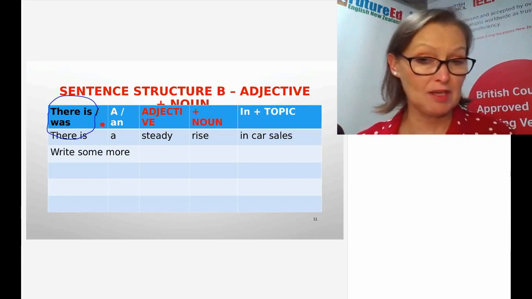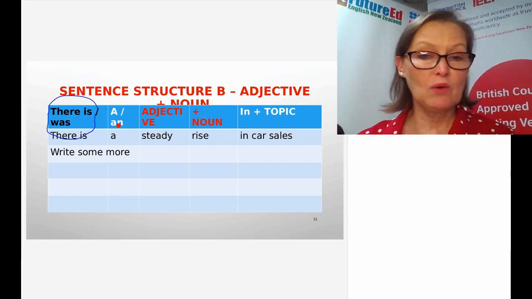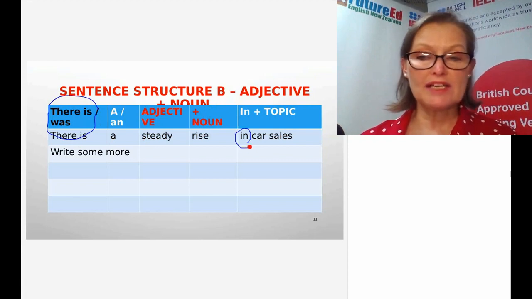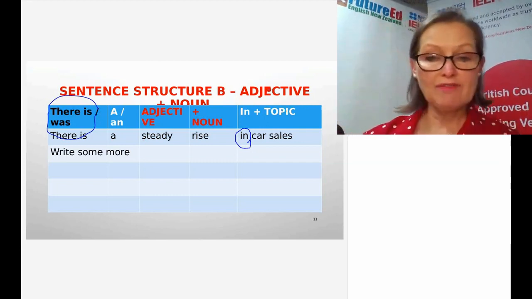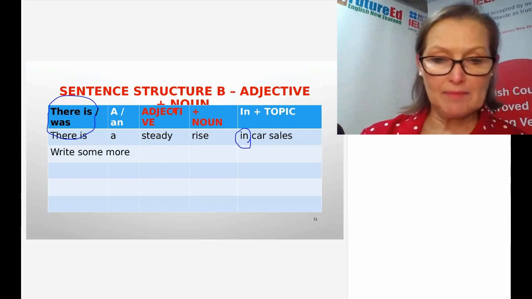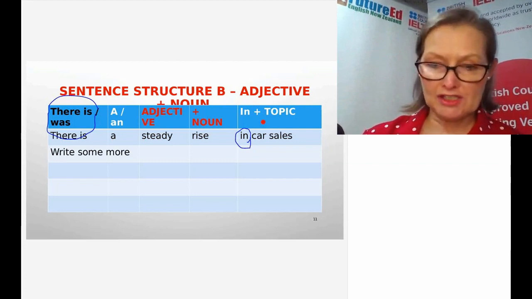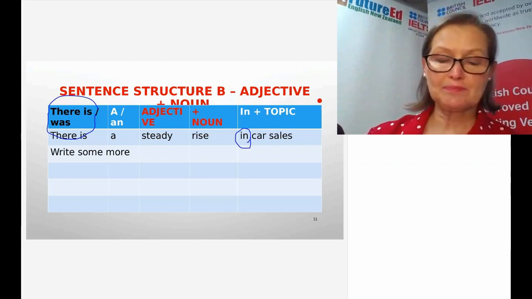This now becomes my subject. There was a or there was an. There was a steady rise in car sales. Have a look at that in. And this now becomes my topic. And it's now after my adjective plus noun structure.